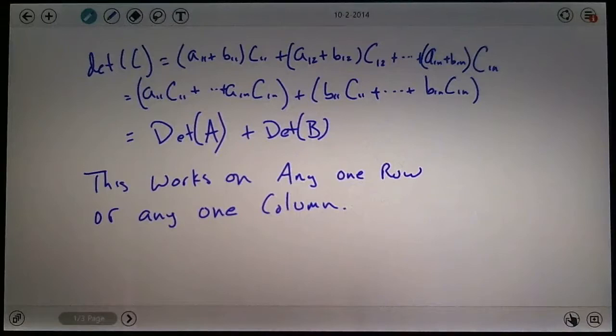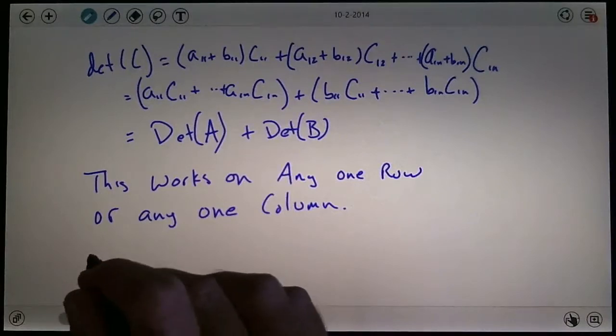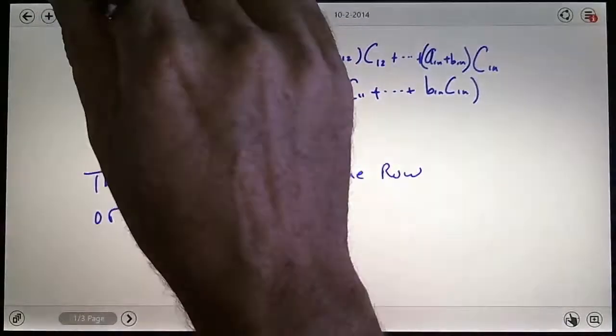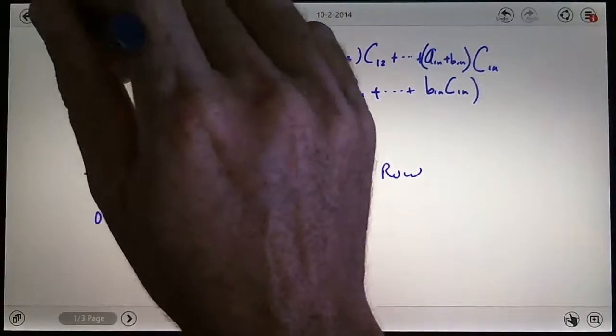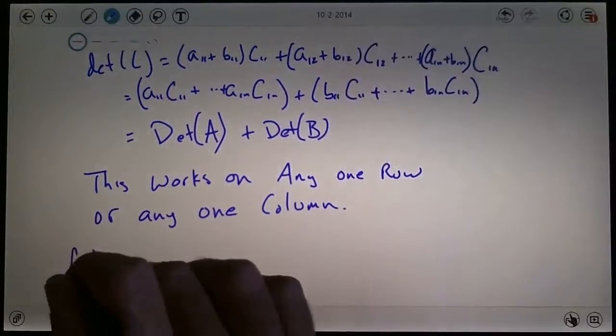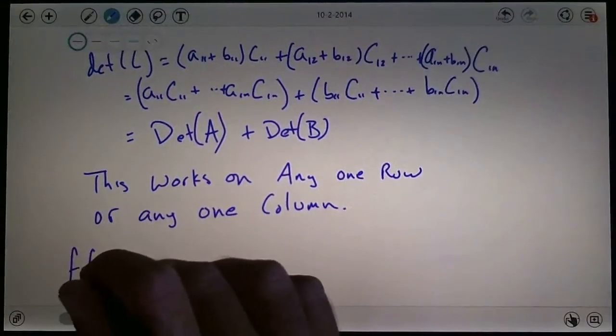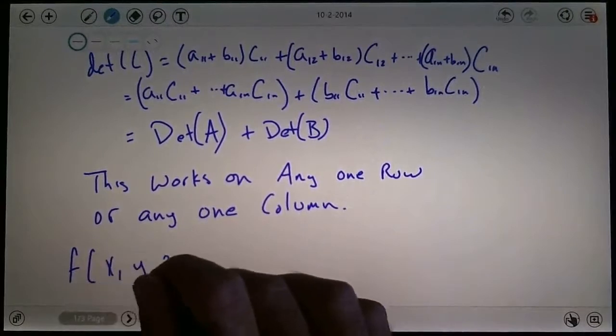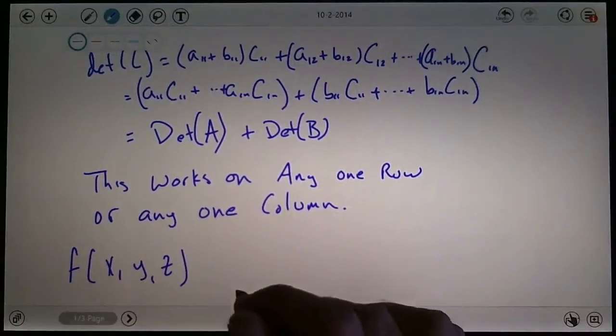There is a notion that we run into in later courses in linear algebra where you look at functions of several variables. So I look at something like f of a bunch of variables, x, y, z, whatever.